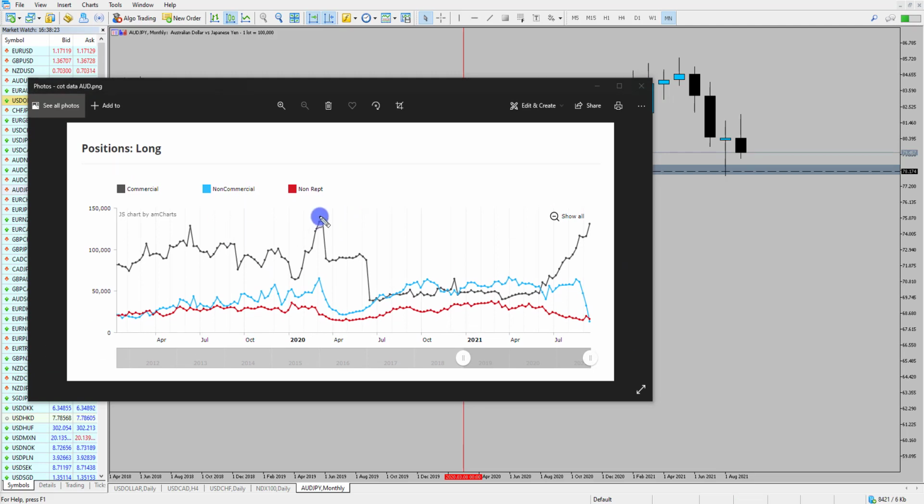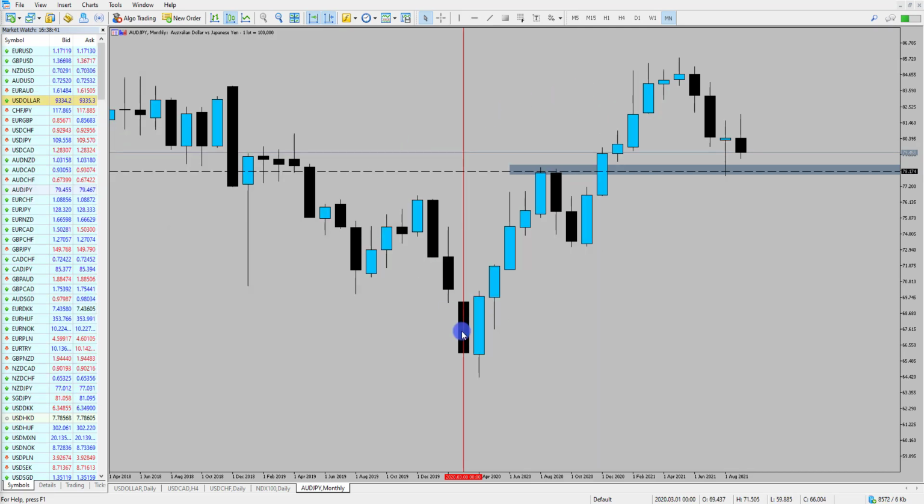The last time they were heavily long like this was back in March 2020, and we're back up at similar levels now. If we look back at what March 2020 looked like for the commercials, this was when we saw the coronavirus drop through here. Commercials are going to add bigger positions at low prices, or where they see value.